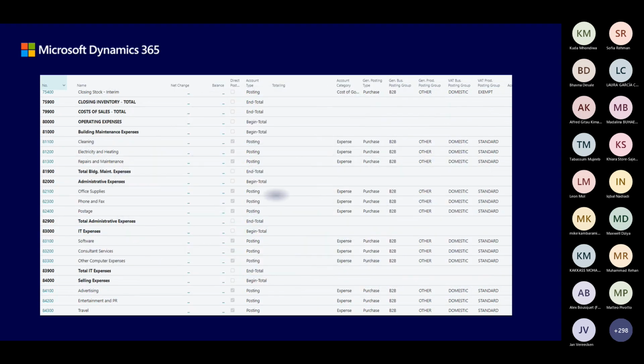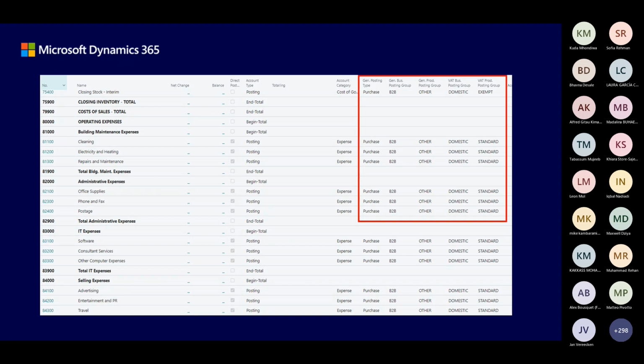So if you're going to post transactions through journals and GL account, the rule here is to ensure that these 5 categories of general posting type, general business, general product, VAT business, VAT product, against that posting GL account, are all filled in or they are all blank.